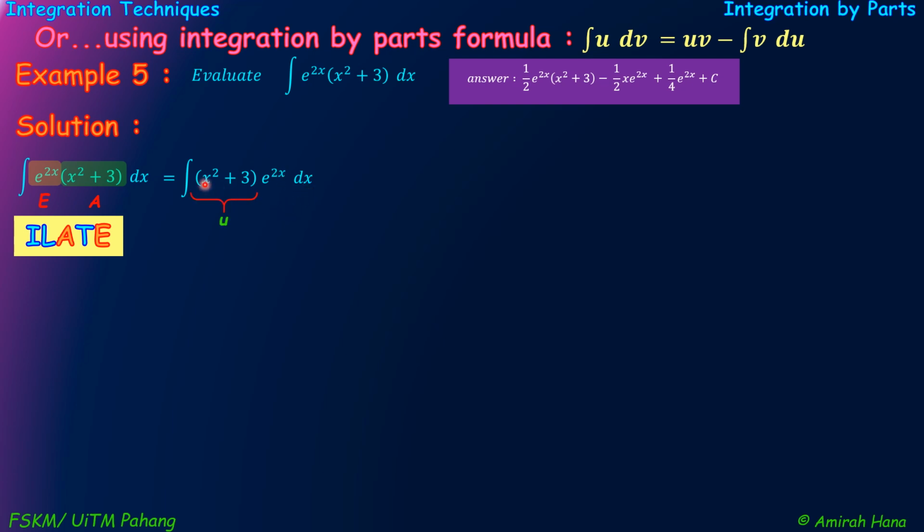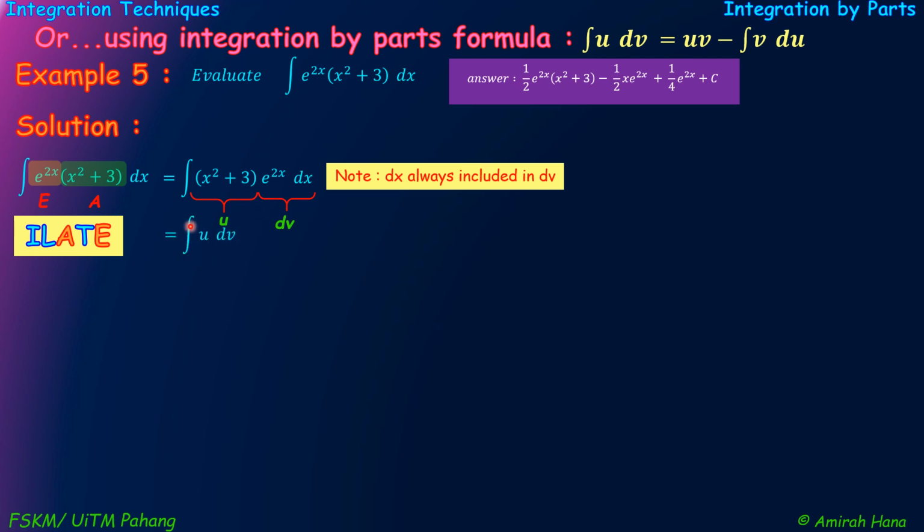Our algebraic function x squared plus 3 equals u, and the exponential function e to x equals dv. And note, dx is always included in dv. When we use the integration by parts formula, we need to include dx with dv.